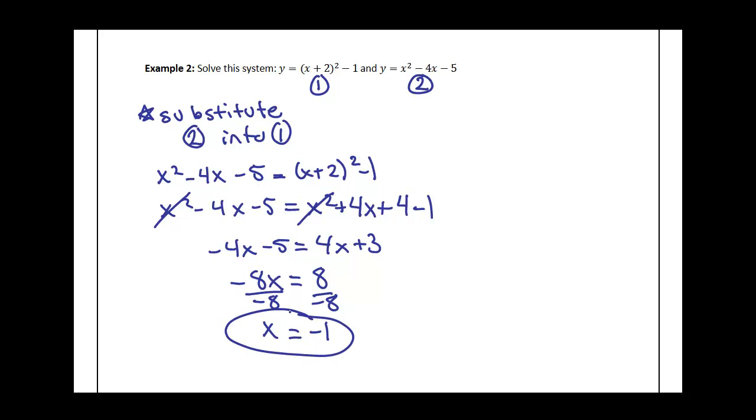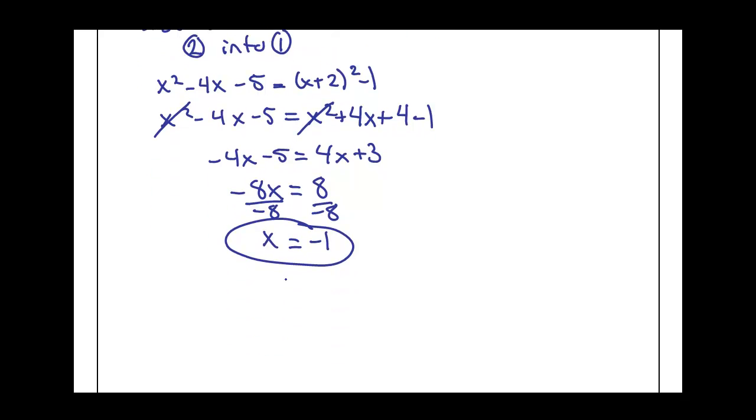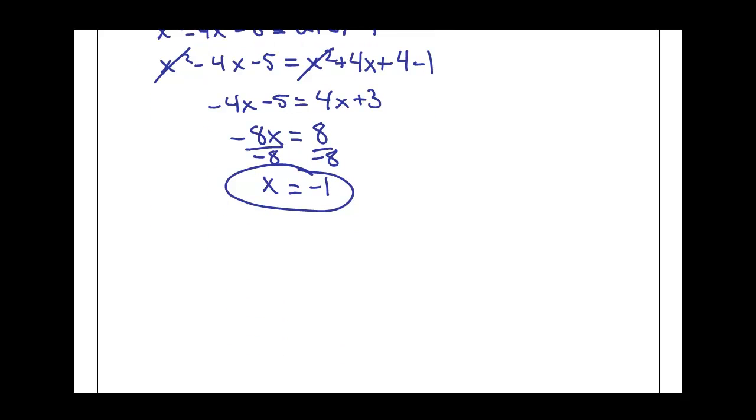So from here, I'm going to go ahead and guess that we're going to only have 1 solution since we only have 1 x coordinate value. But we need to find the y that goes with this x. So we need to sub back into an original equation to solve for y.